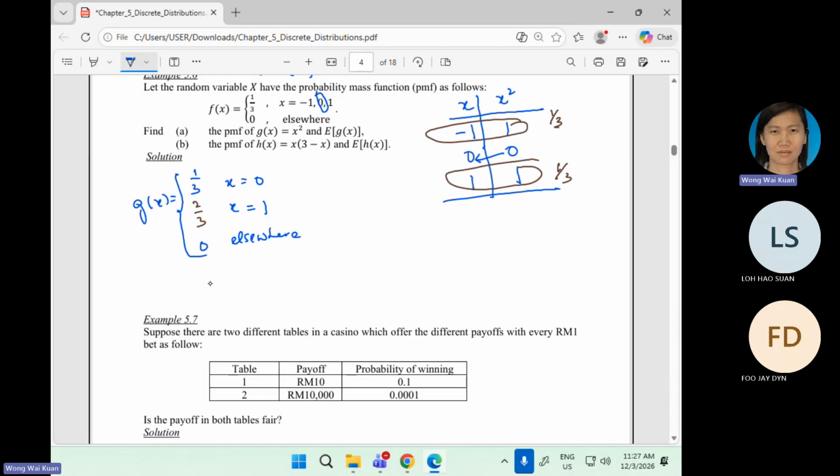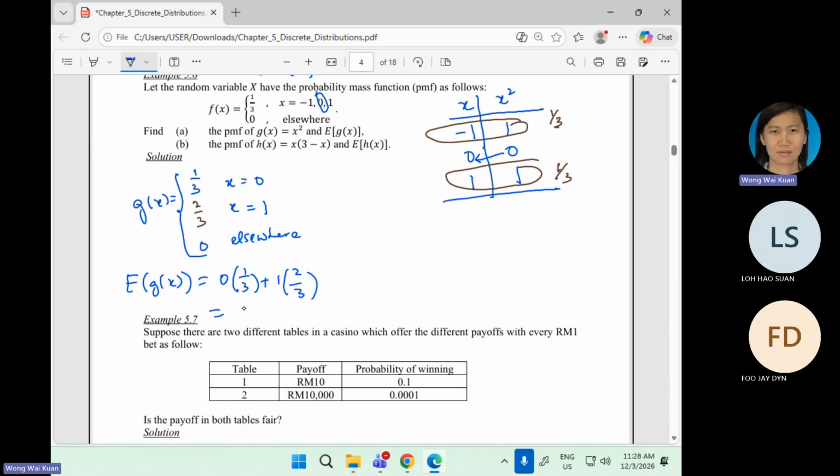Okay. Then the question is, can I find E of g(X)? E of g(X), according to the definition, is just the value multiplied with the probability, right? It's just 0 times 1/3 plus 1 times 2/3.